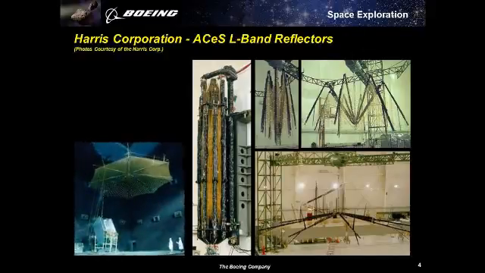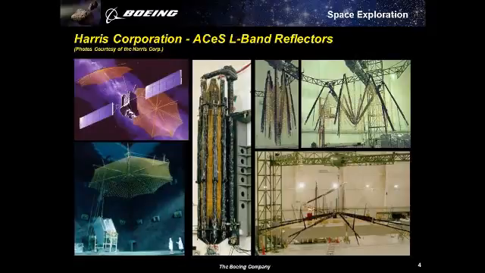Harris is also working in constructing a 22-meter diameter reflector of the same type. We know that several of the concepts studied for asteroid capture use large deployable structures. Both Boeing and Harris believe that these mature and proven technologies should be considered as candidate for asteroid capture concepts.